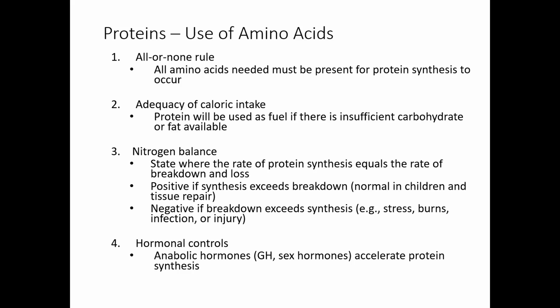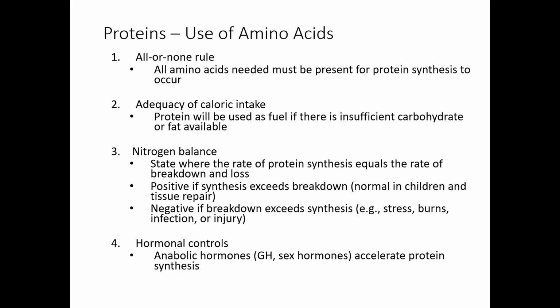So that is a positive balance. We'd see that also if a person suffers from an injury, for example, a fracture or blunt force trauma. You're going to see a lot of tissue repair going on there, so the protein synthesis rate will be higher. So children are always going to be in a positive balance, and someone who's recovering from an injury will be in a positive balance.